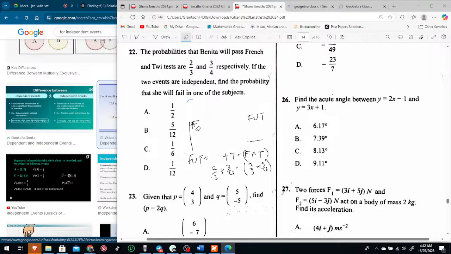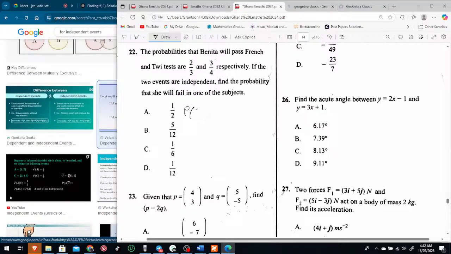Okay, so we should find the probability that she will fail in one subject, and we are given 3 and French, and their values are 2 on 3 and 3 on 4 respectively. So we have to find the probability of her passing and failing in any of them. For failing in French, we say 1 minus 2 on 3.